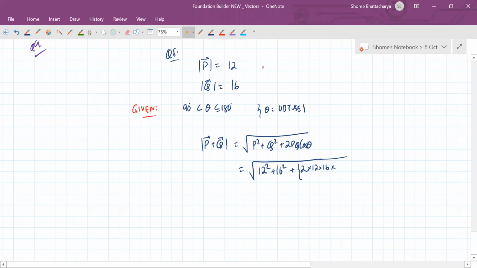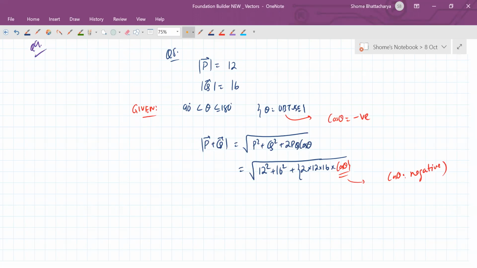Now that cos theta, this will be a negative quantity, na? Cos theta is negative here. Okay, because theta is obtuse. Is it clear so far now? Have you understood this, Hitanshu?